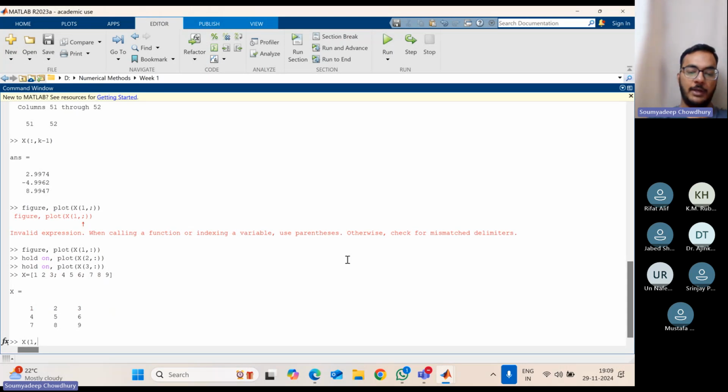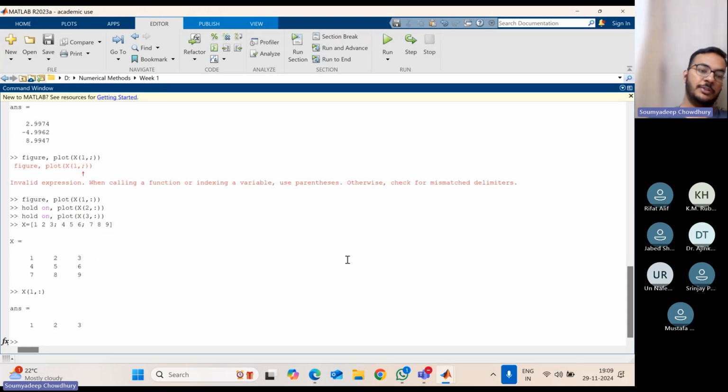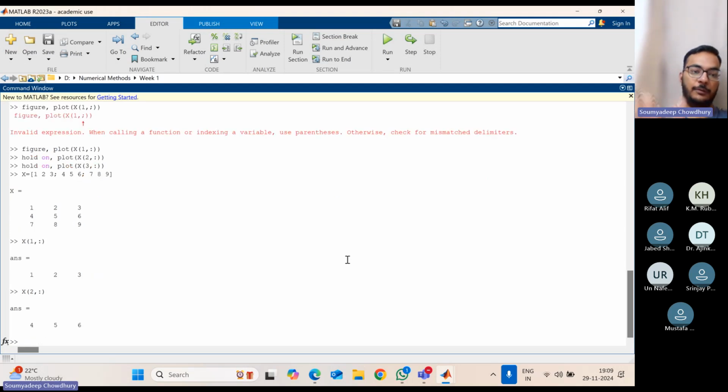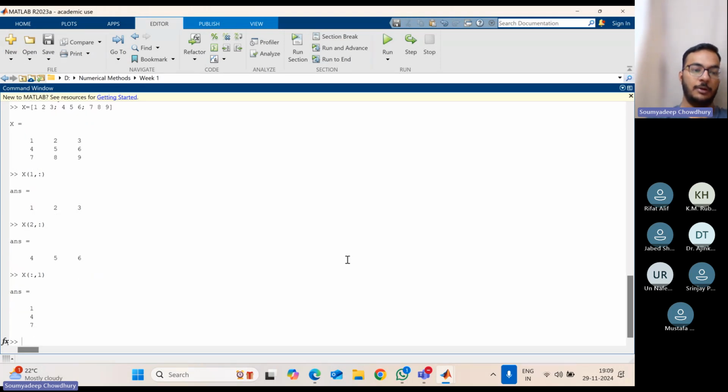So if I write x of 1 comma colon, that is basically the first row of that matrix. And if I write x of 2 comma colon, that is basically the second row. Now if you want the first column of the matrix, we have to write x of colon comma 1. That will give you the first column of that matrix. So 1 comma colon is the first row of the matrix.